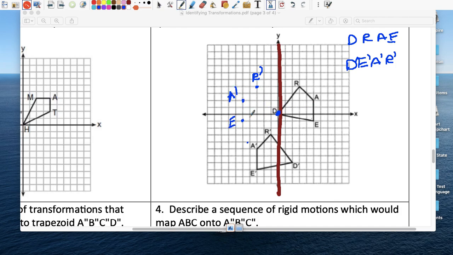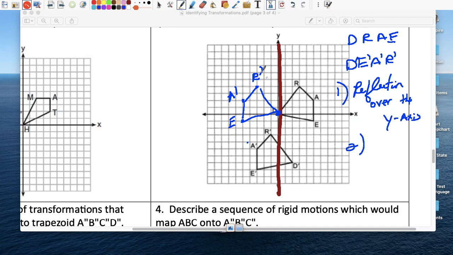So if you flip this over the y-axis, the first transformation is a reflection over the y-axis. That's number one.